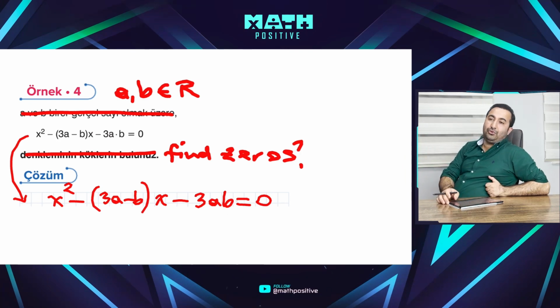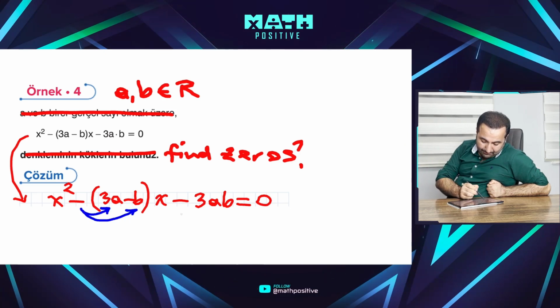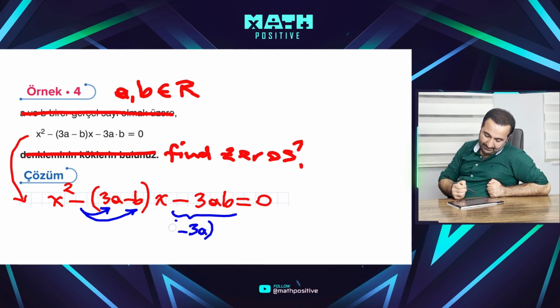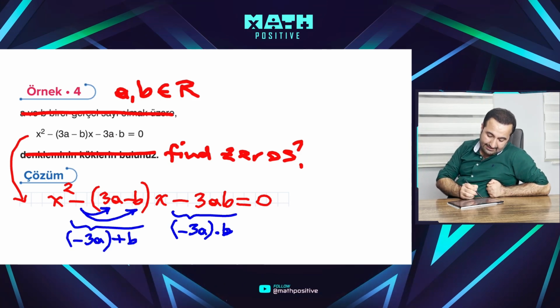We should find two numbers whose product equals minus 3a times b, and their sum will be minus 3a plus b. So this shows our numbers actually. This is minus 3a times b, and this term is minus 3a plus b.